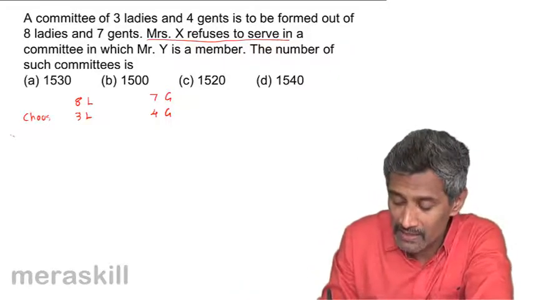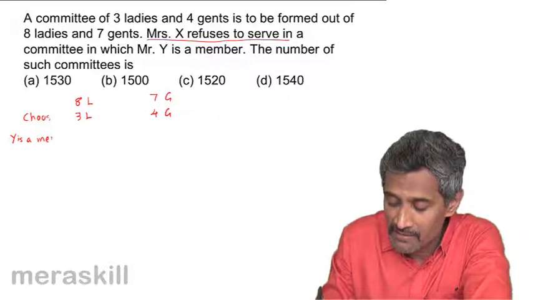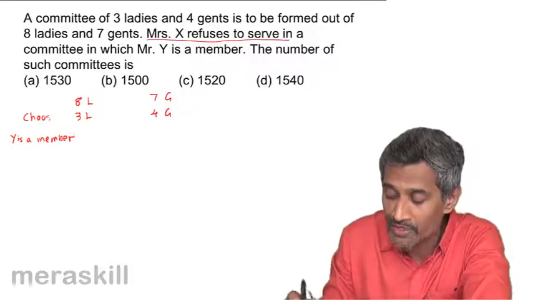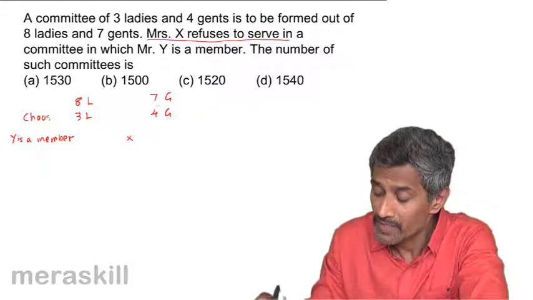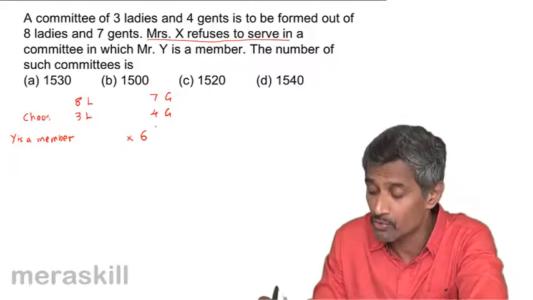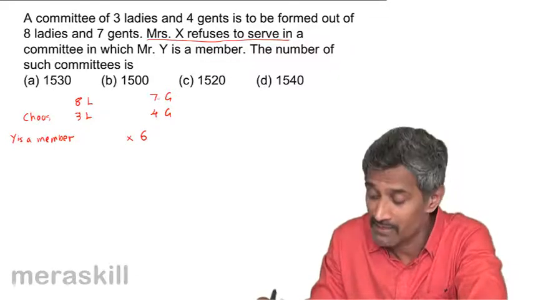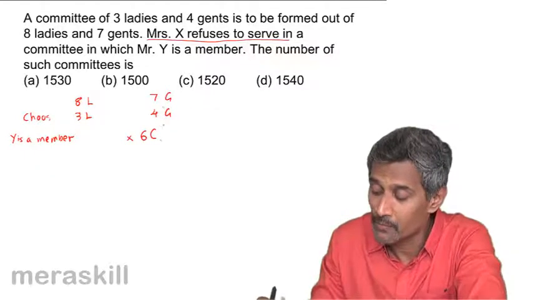So let's consider the case wherein Y is a member. If Y is a member, that means Y has already been included. So that means we need to choose 6 out of 6 because Y is already included. So it's going to be N minus M, that is 7 minus 1, C R minus M, that is 4 minus 1, 3.